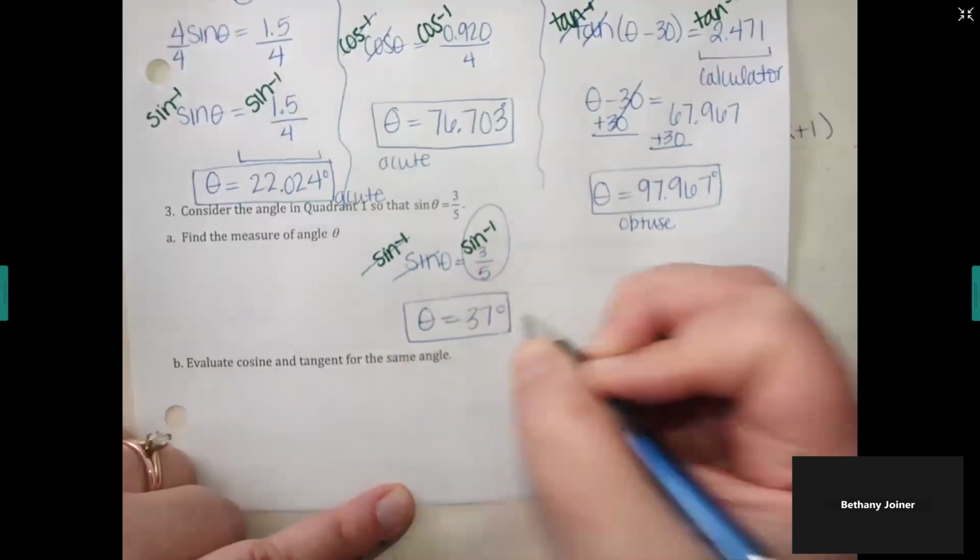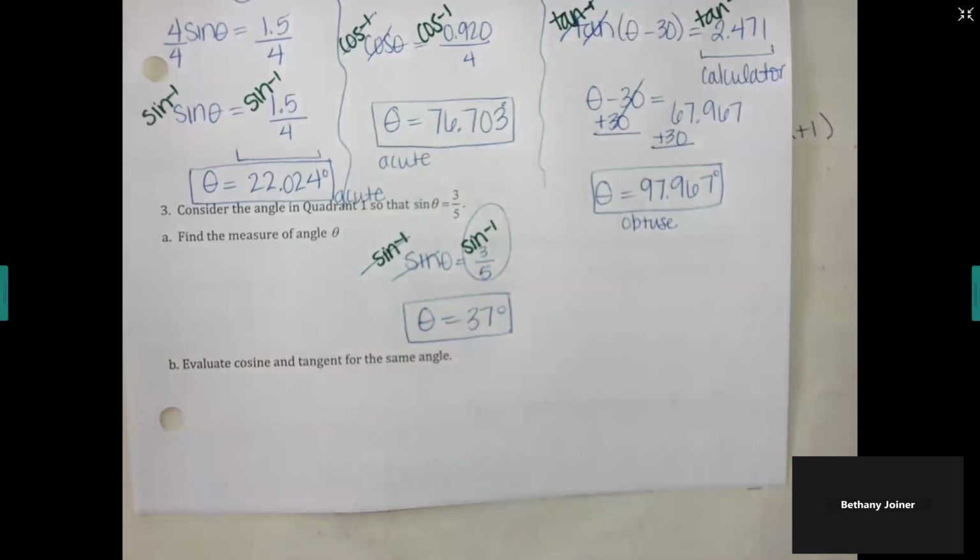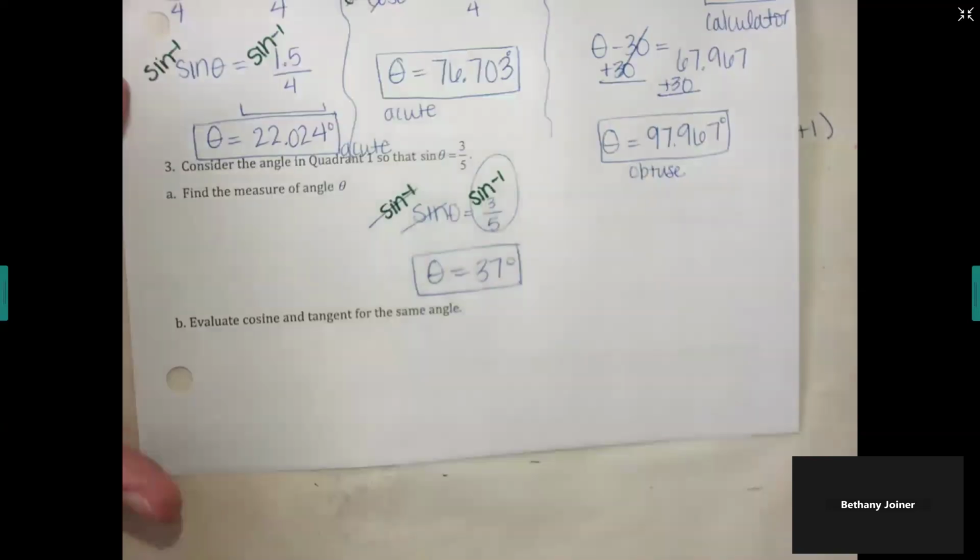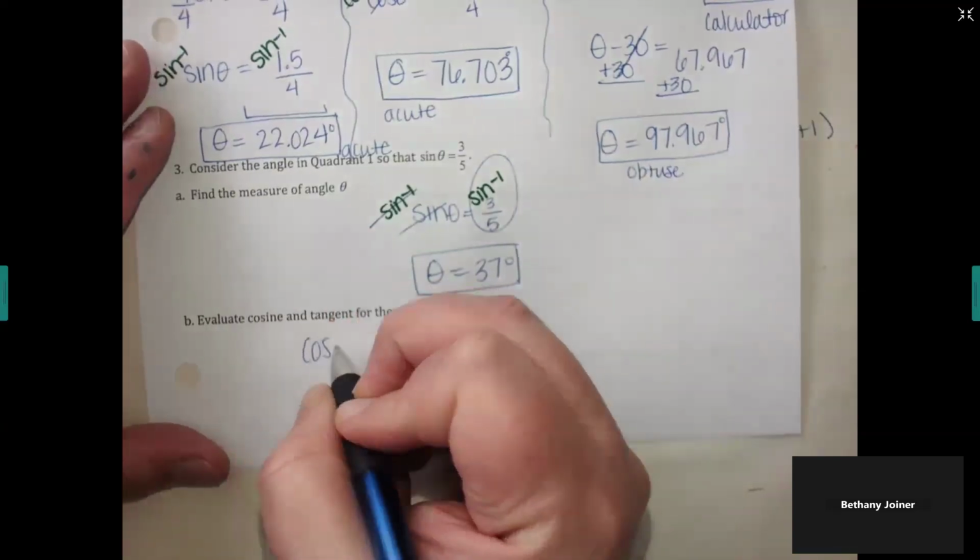And then from there, if I want cosine and tangent for that same angle, I can just type them in. So now in your calculator, find the cosine of 37, then find the tan of 37, and you don't actually have to get the triangle.